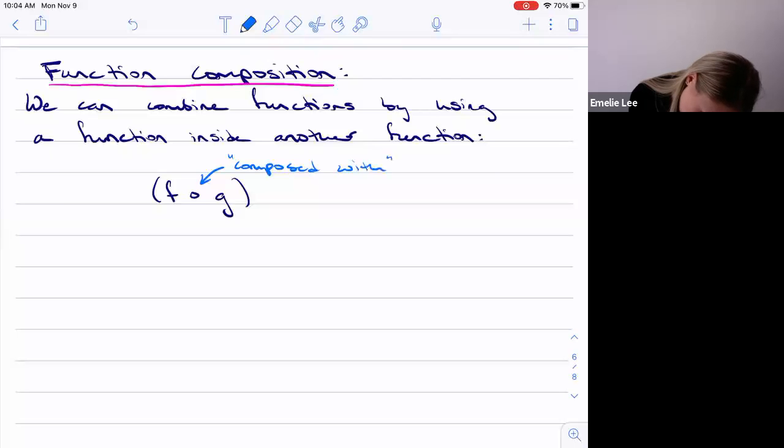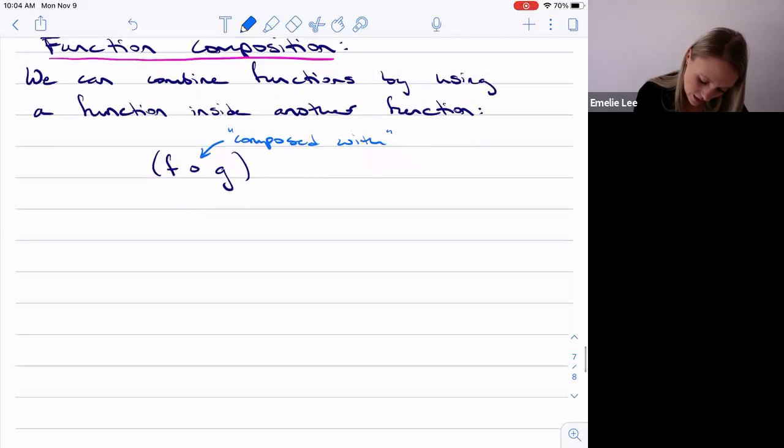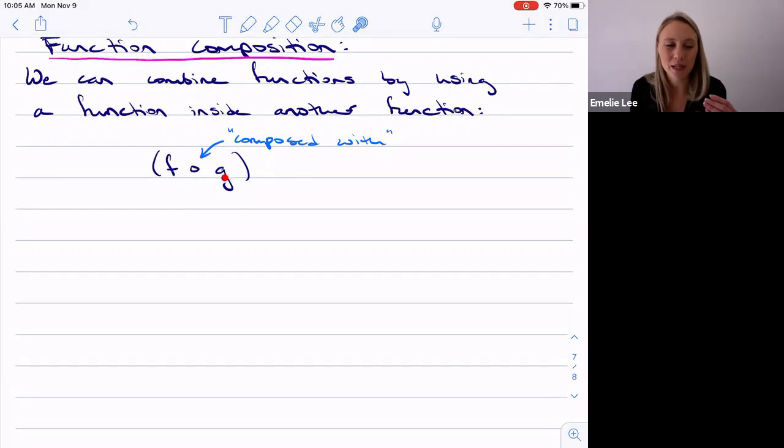Or kind of slangy, f of g, because what's going to happen is I'm going to plug in g in place of x. So usually what we do is we have the new name of the function, f composed with g of x.